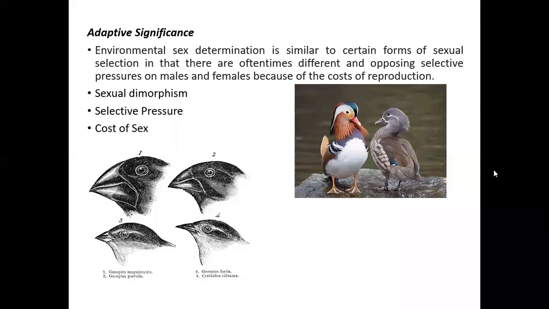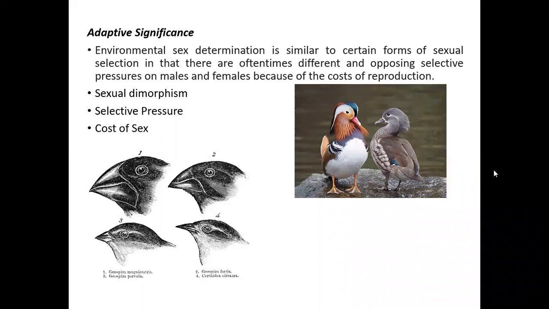In environmental sex determination, selective pressures over evolutionary time have selected for flexibility in sex determination to optimize fitness in a heterogeneous environment. This is mainly because of the different costs of sex in males and females.